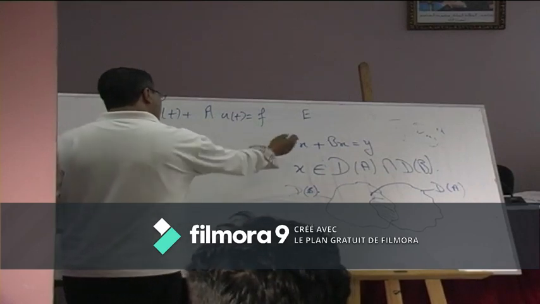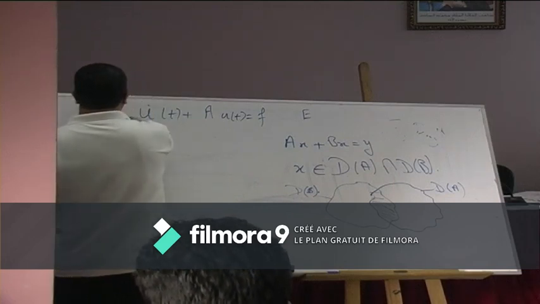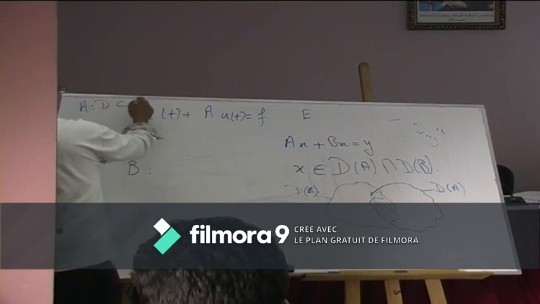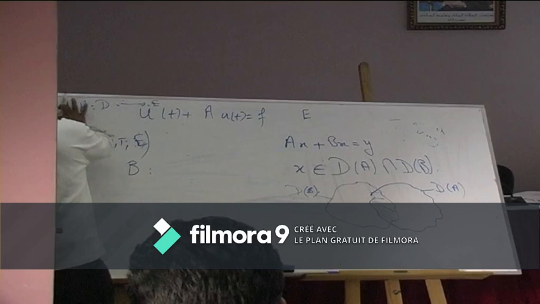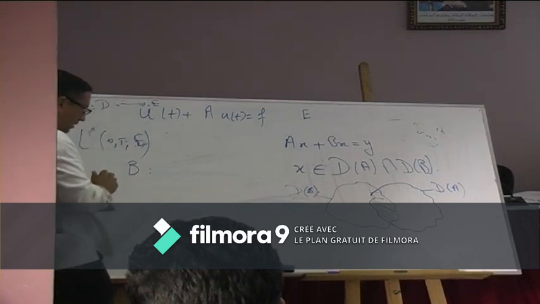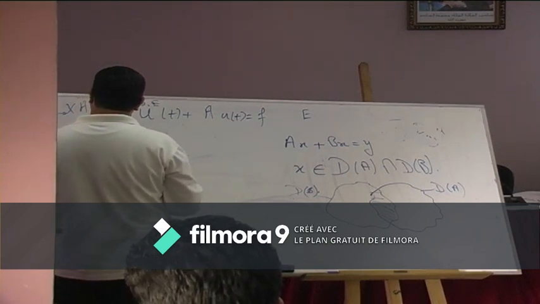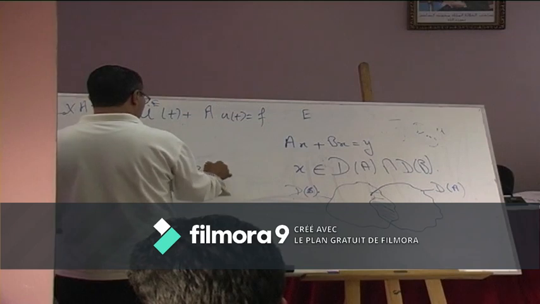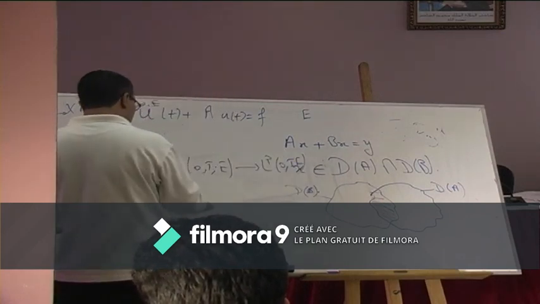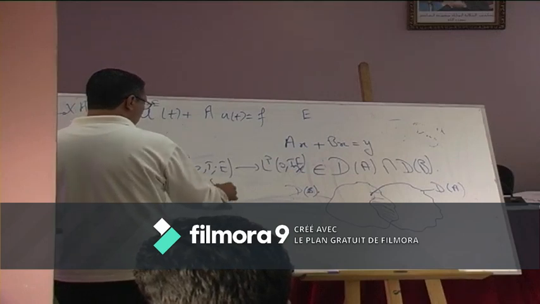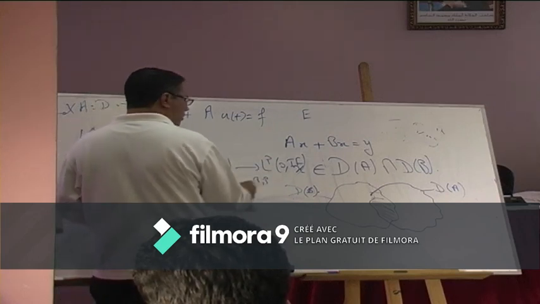What is the operator A? What is the operator B? First, I begin with B, which is the operator defined on, if A is defined on the Banach space E, and D is assumed to be densely and continuously embedded in X. That means I define the operator B from L^p(0,T; A) to L^p(0,T; A) with domain D(B) equal to the u which are in W^{1,p}, the Sobolev space.